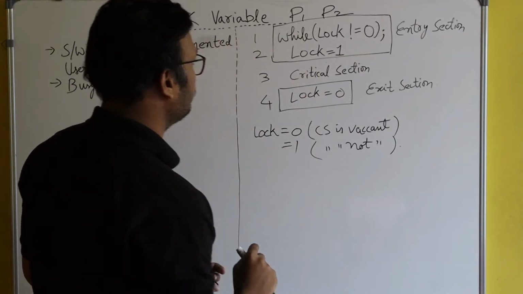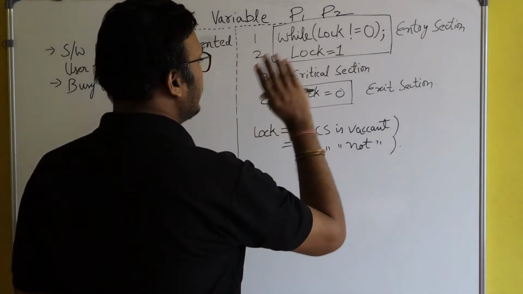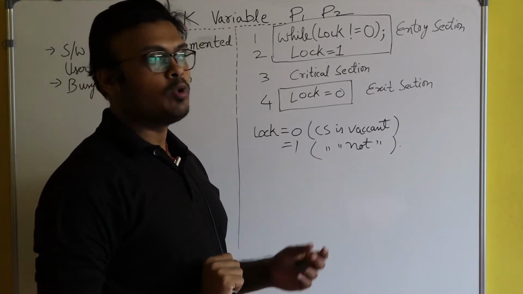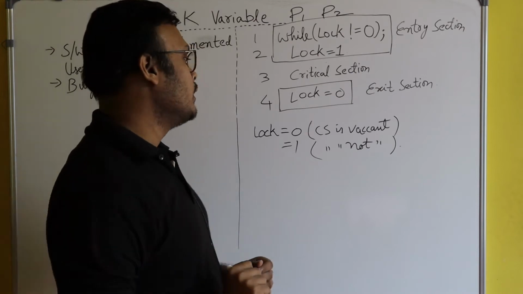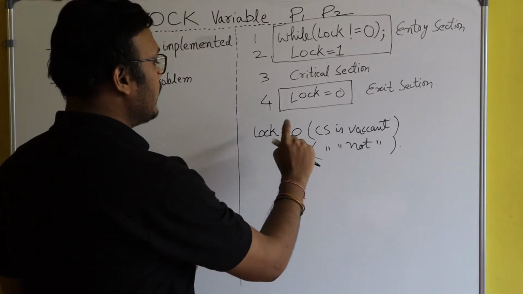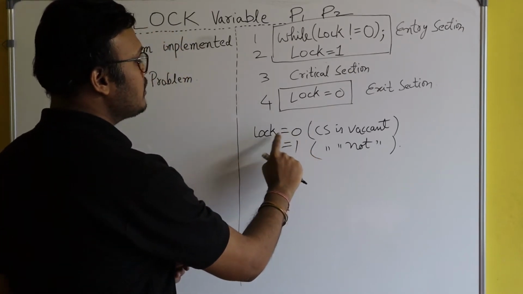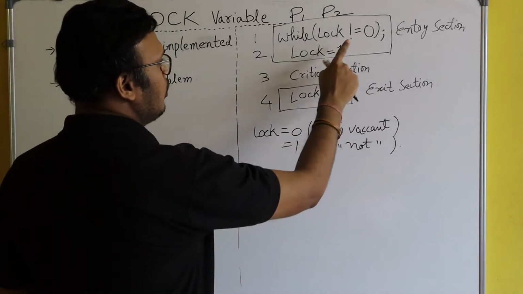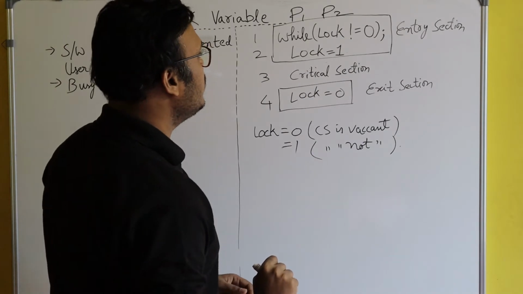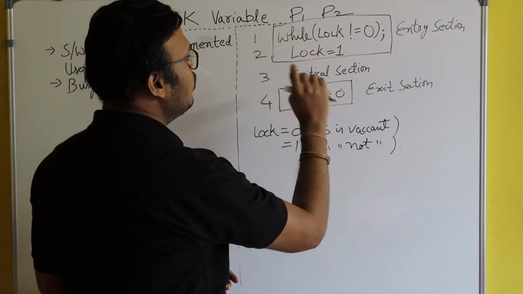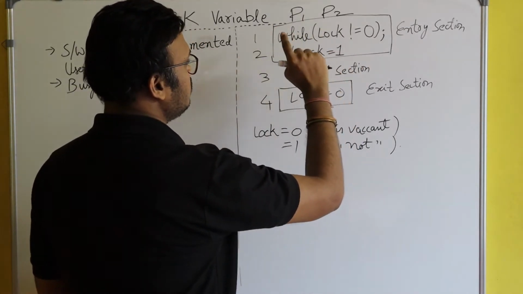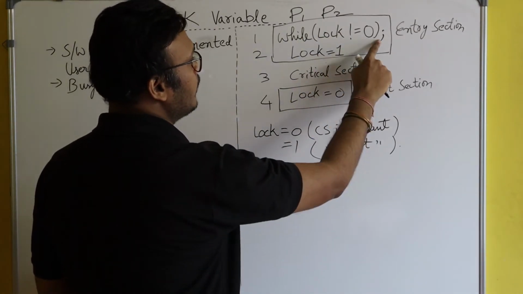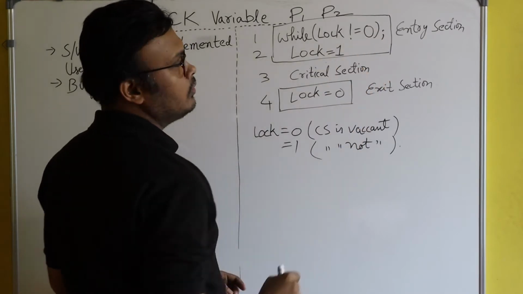Initially the critical section is vacant, so none of the processes is present in the critical section. When the critical section is vacant, it means lock is equal to 0. In the while loop the condition is written: while lock is not equal to 0, followed by a semicolon.